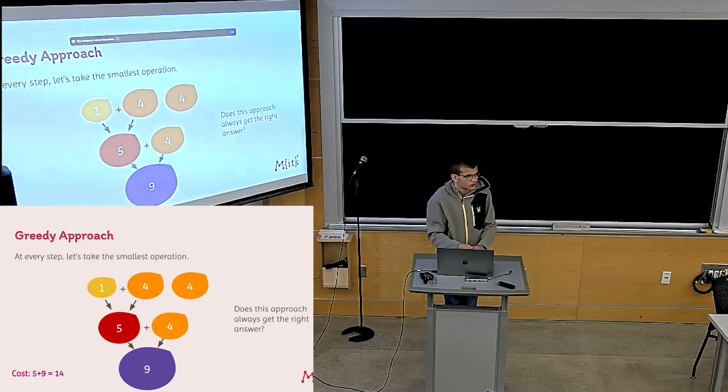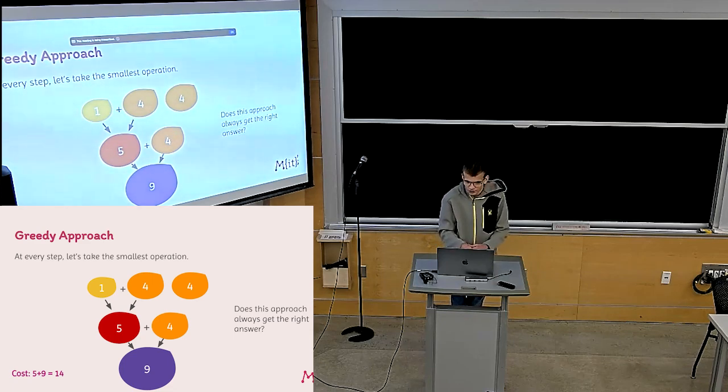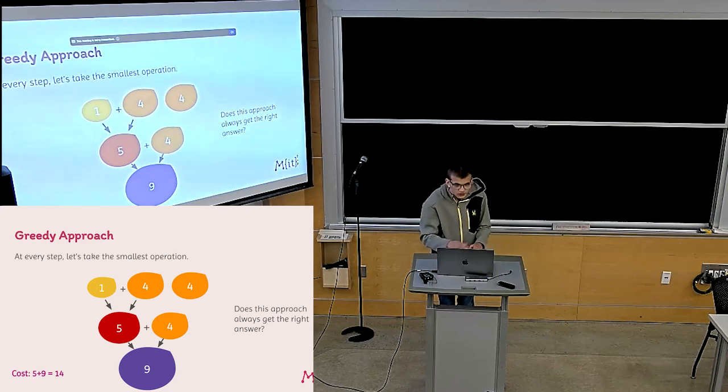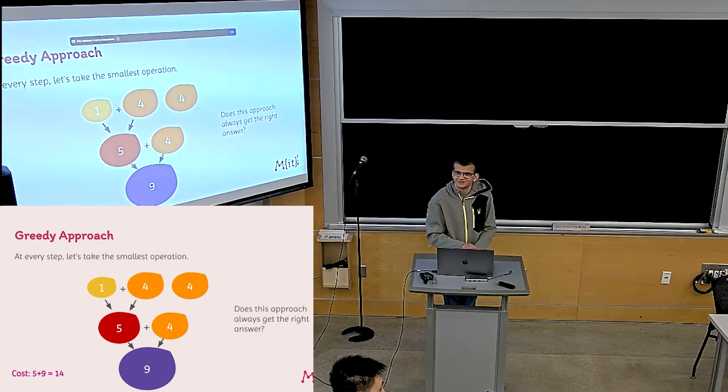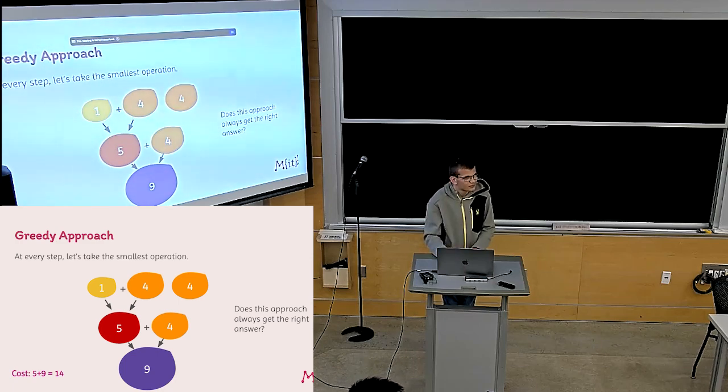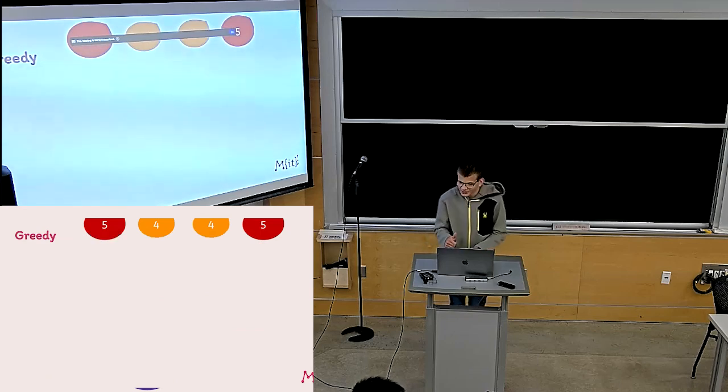But is this actually correct? Do we have any way of proving that it's correct? Anyone have an idea? No? Okay, well that's good, because it turns out that this solution is not always correct.